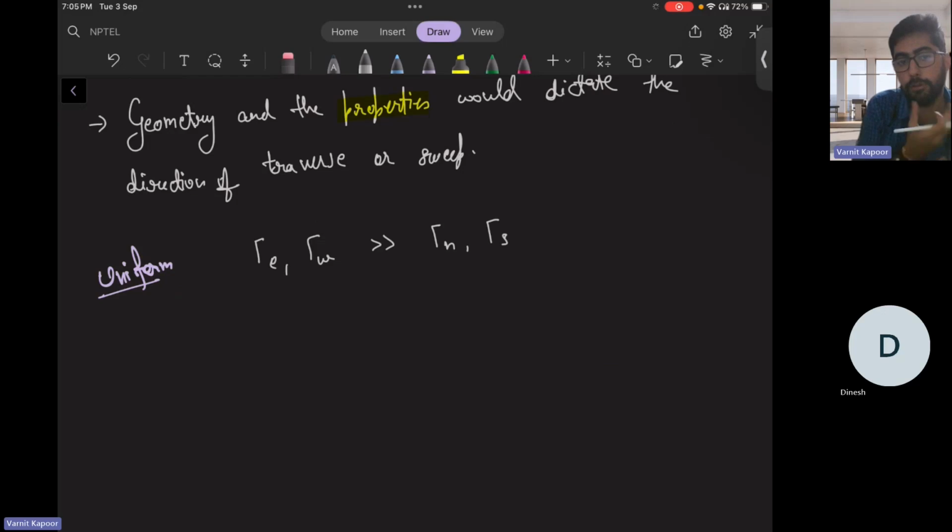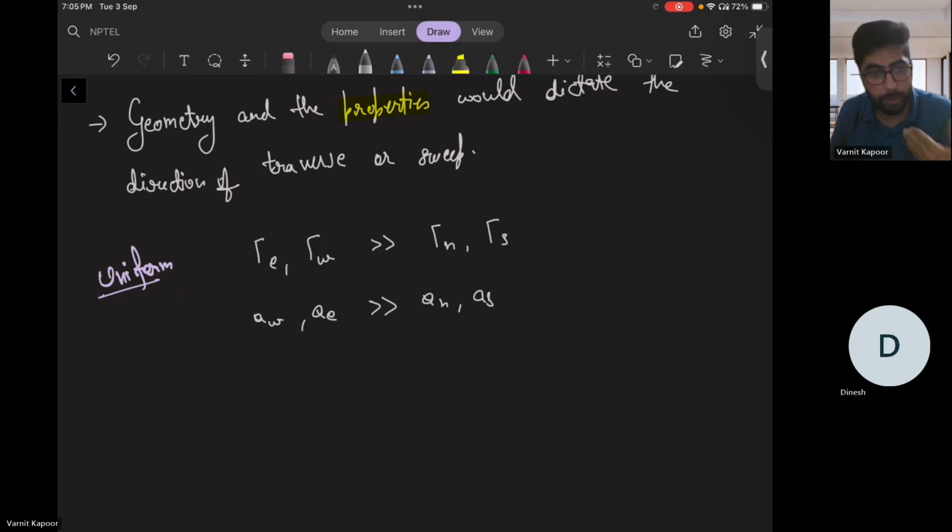So the influence of the coefficients A west and A east will be much greater than the coefficients of A north and A south, right? So what you can say, it can traverse along, because east and west are quite influential. Properties of the east and west nodes are influential.